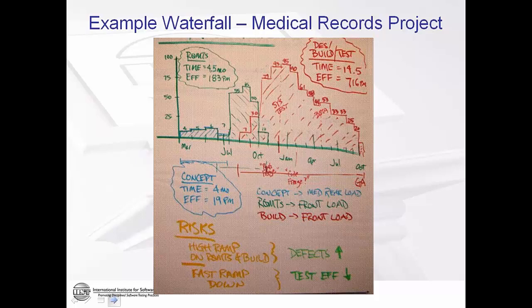So 6 communication paths with a team of 4, 24 communication paths with a team of 8. You've got a factor of 4, a 4 times increase in the number of communication paths. And guess what? When you double staff, your communication paths go up by at least 4, if not more, and the defects go in the same step.